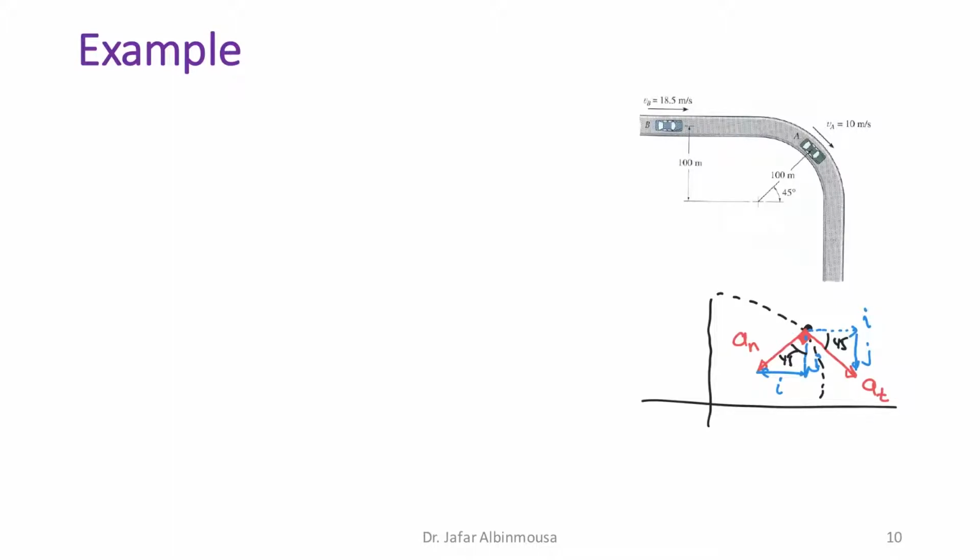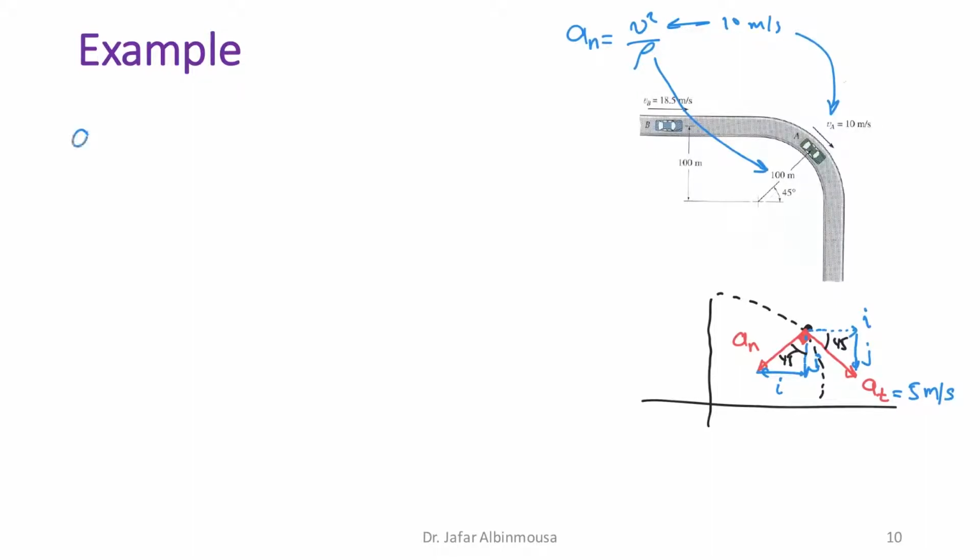We have also been given the tangential component. This one was 5 meter per second squared. It was given to us. The normal component, AN, equals V square over rho. Here, V is 10 meter per second, which was given to us, and rho is 100.